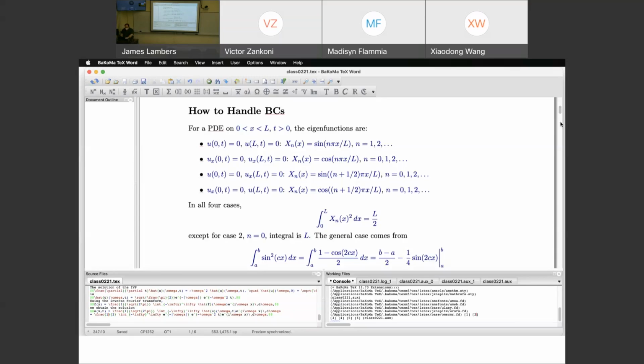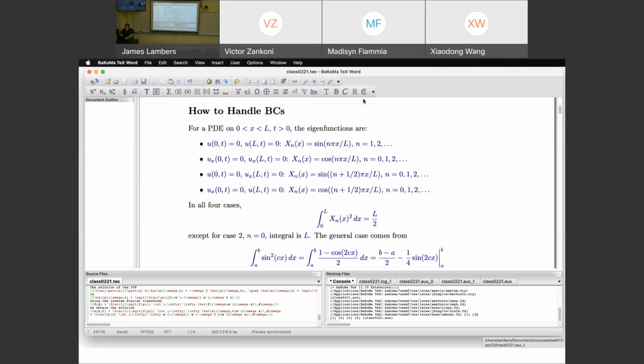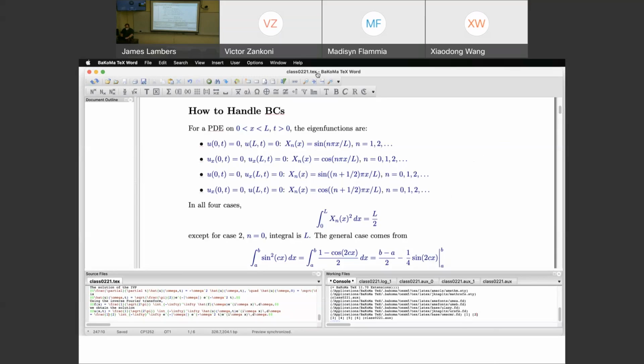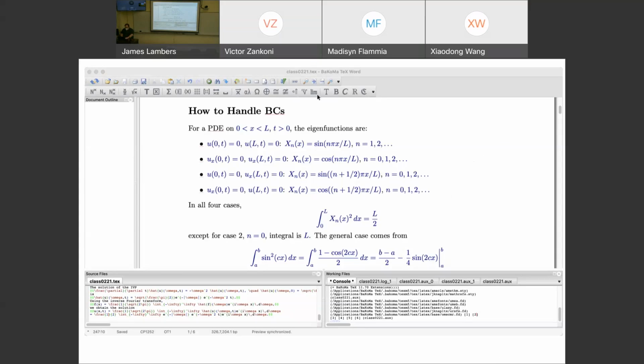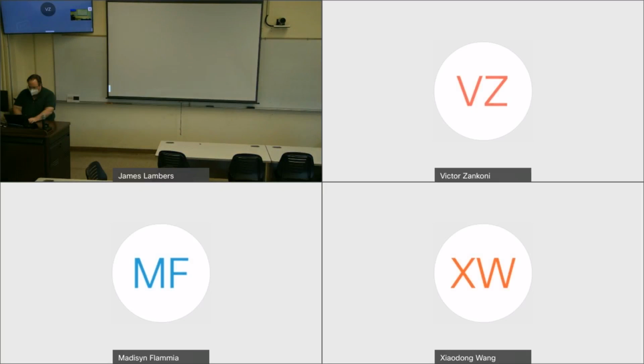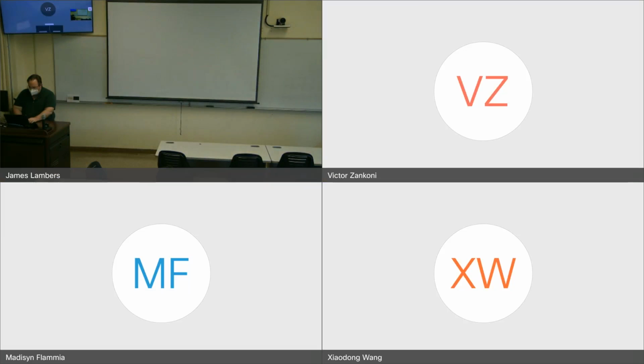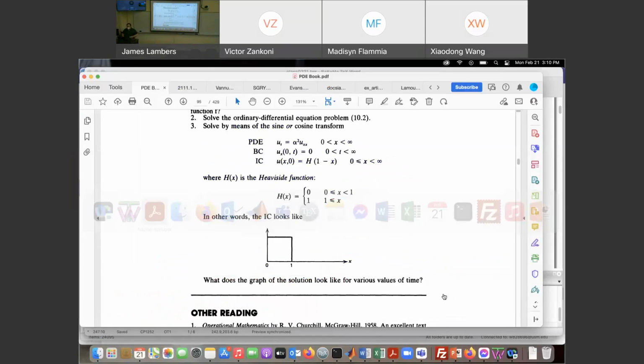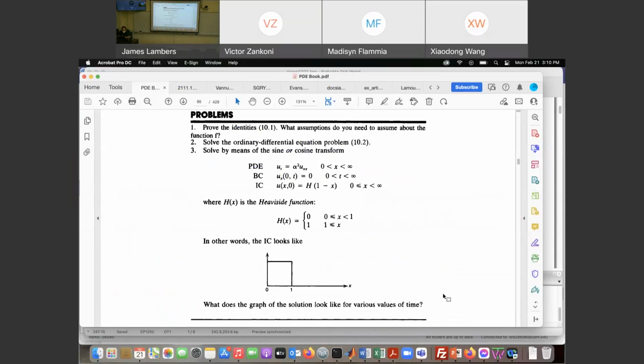I do want to point out something that's come up from one of the homework problems. I need to unshare, reshare this. Okay, lesson 10, problem 3.